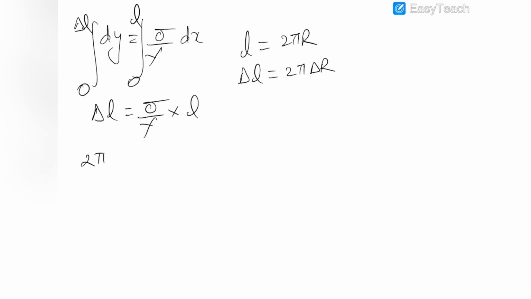So 2 pi delta r will be equal to sigma by gamma into 2 pi r. Cancelling this 2 pi, delta r will be equal to sigma by gamma into r.